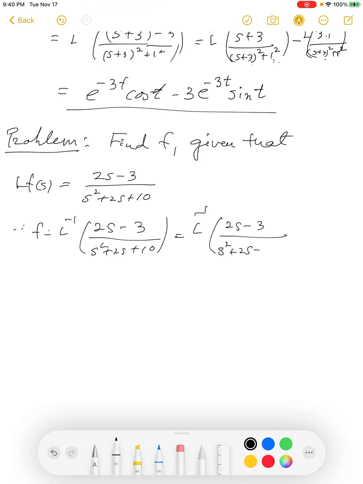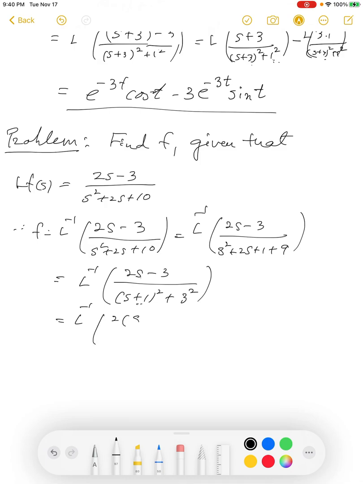complete the squares. To get the 2s in the middle, I have to have 1. What's left is 9, so you write this as L inverse of (2s minus 3) divided by (s plus 1) square plus 3 square, and then do whatever it takes. So you want to have shift by 1, so you will have to get the shift on the top, s by 1. So I want to write this s as s plus 1.